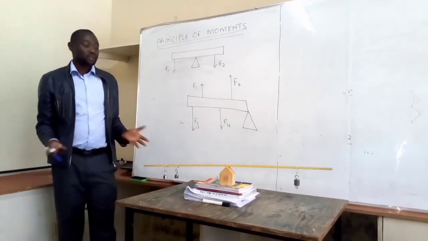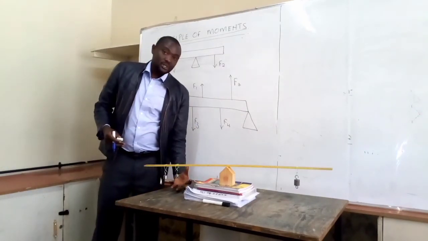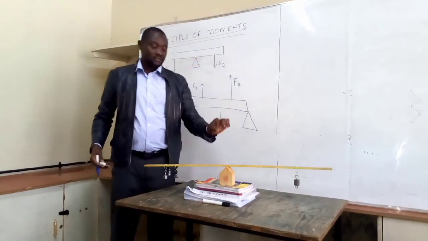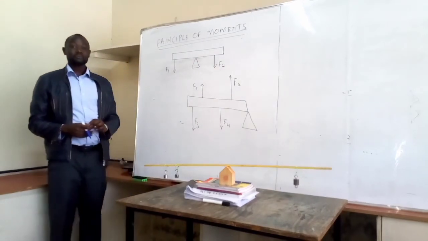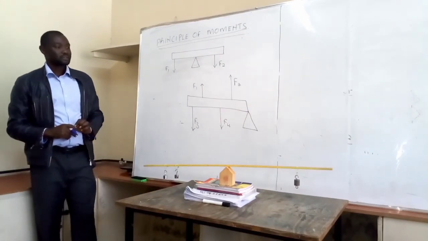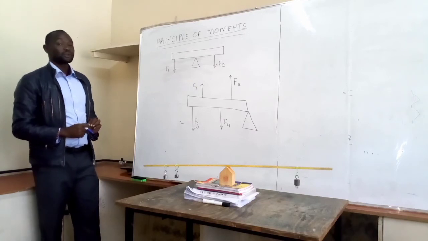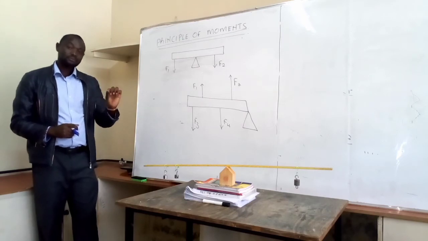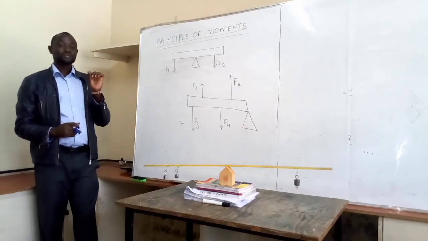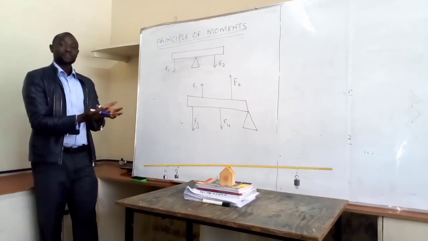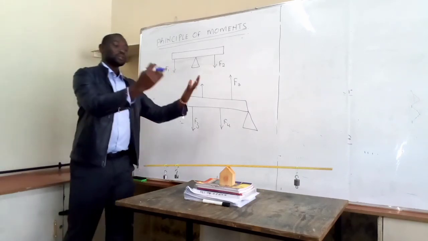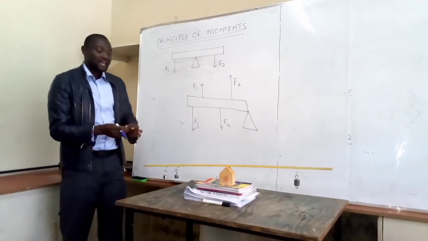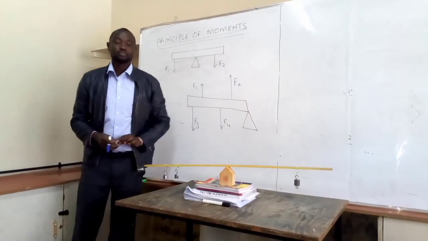Key points to note in that particular principle: one, it is for a system in equilibrium. Two, it is the sum of all the clockwise moments that is equal to the sum of all the anti-clockwise moments. And all these moments are acting about the same point.